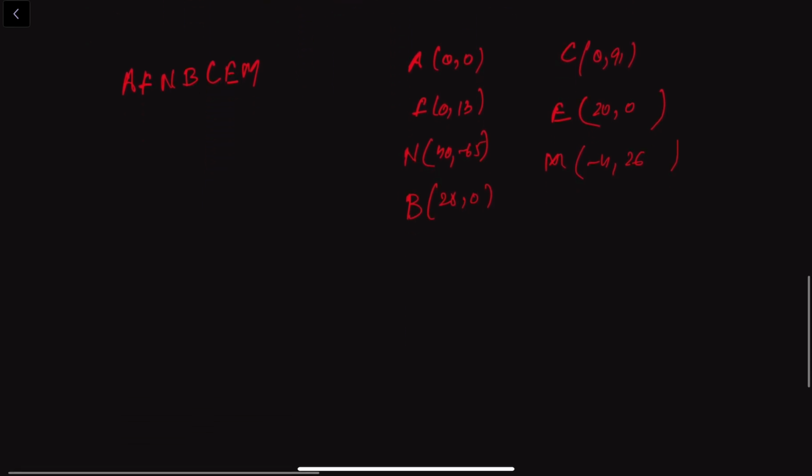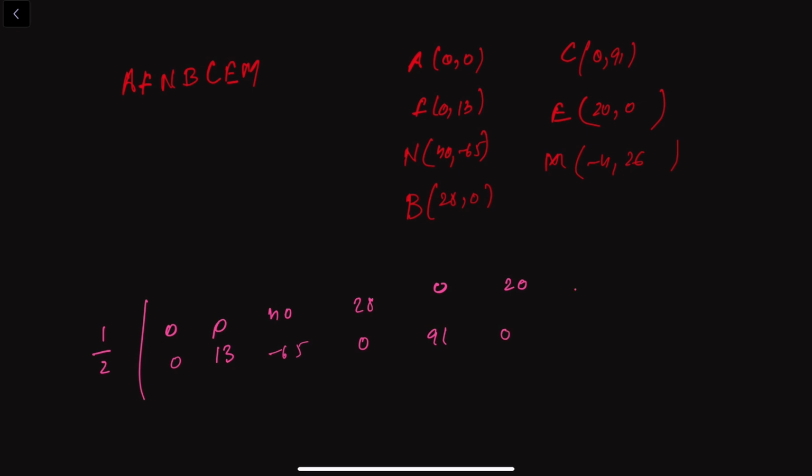Now we can again use the Shoelace theorem for finding the area of a polygon. So: 0 0, 0 13, 40 minus 65, 28 0, 0 91, 20 0, minus 4 26, and again 0 0.